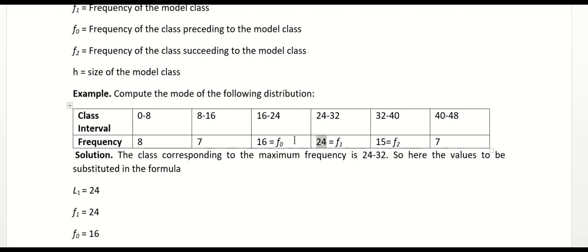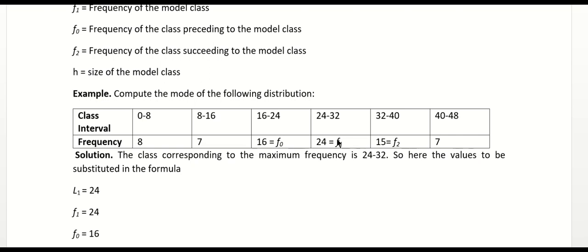The value above F1 is F0, so 16 becomes F0, and the value below F1, that is 15, becomes F2. So it becomes F0, F1, F2, right? This is how we choose F0, F1 and F2.